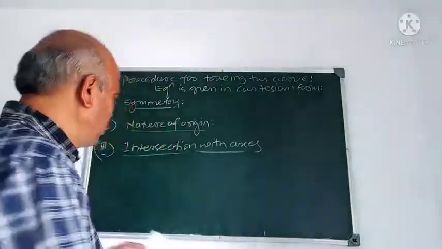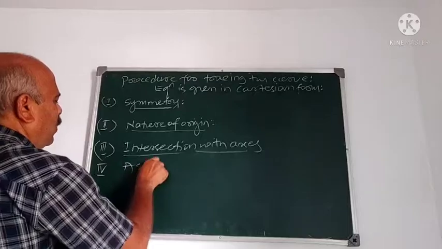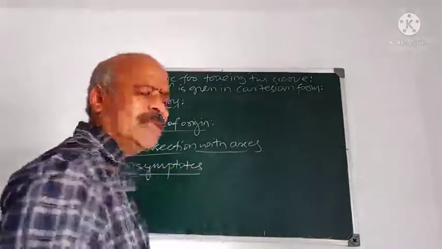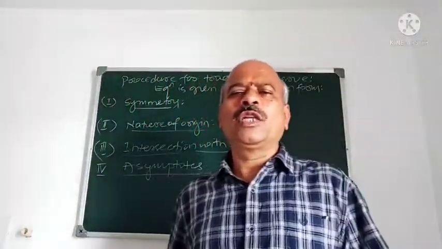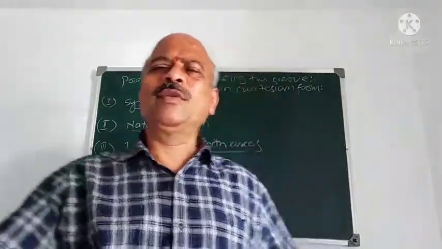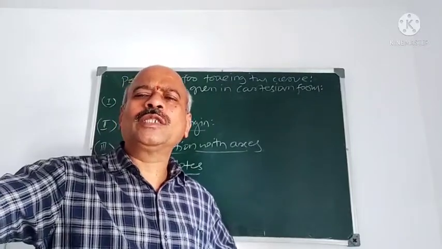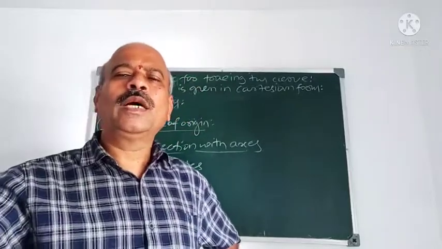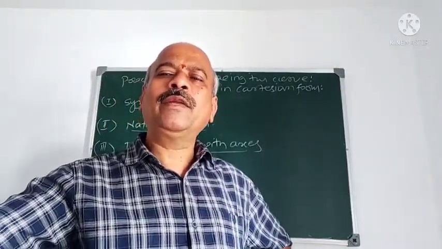Next is find asymptotes, if any. Asymptotes are a very important topic in curve tracing. What is the property of an asymptote? The curve doesn't cross its asymptote, because an asymptote is a tangent at infinity.